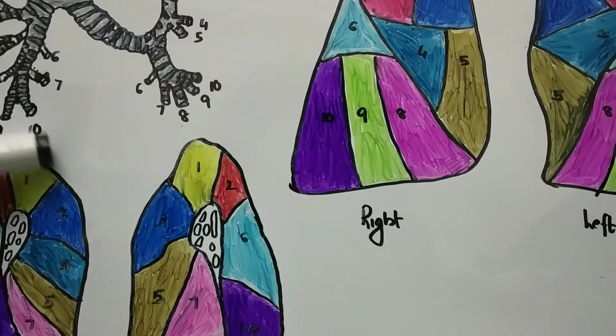Each of these segmental bronchi again gives smaller branches called the terminal bronchioles, and much smaller branches called the respiratory bronchioles. Each of these respiratory bronchioles aerates a small part of the lungs, and that is called the pulmonary unit.